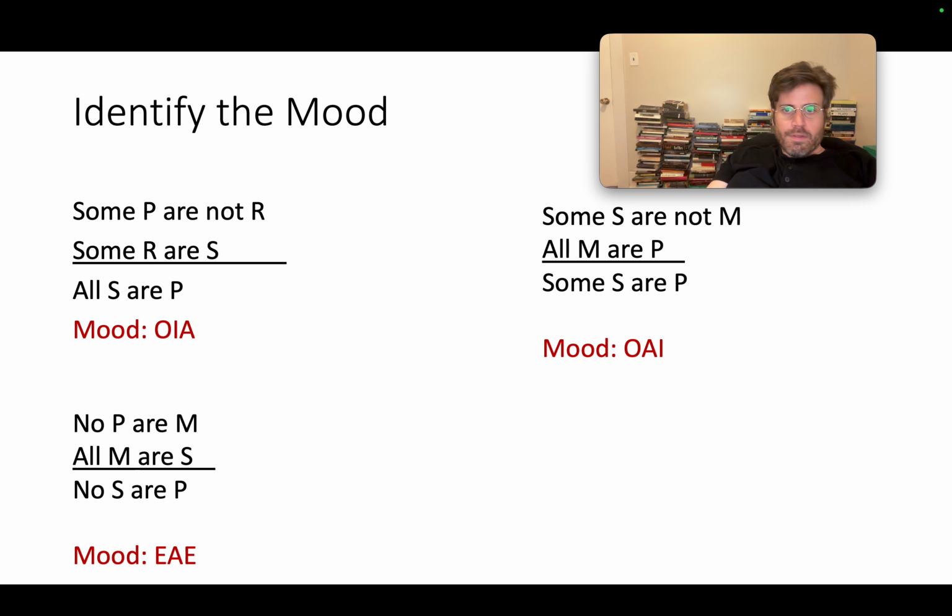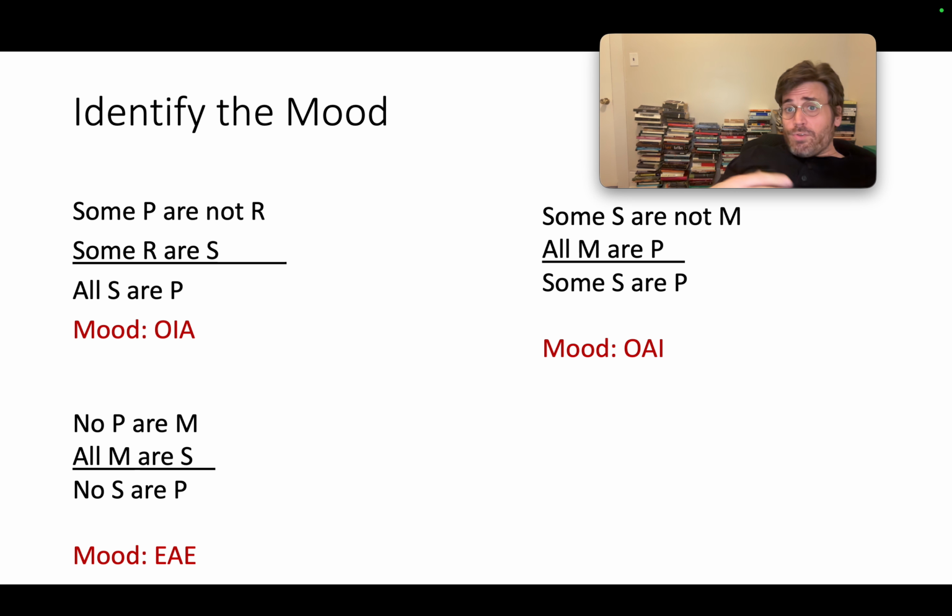Okay? Mood is, in general, pretty simple, I think. You're really just taking what we already know about the underlying structure of categorical propositions and doing it three times per argument. So don't overthink those.